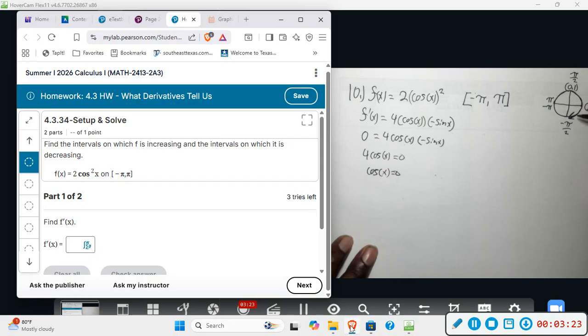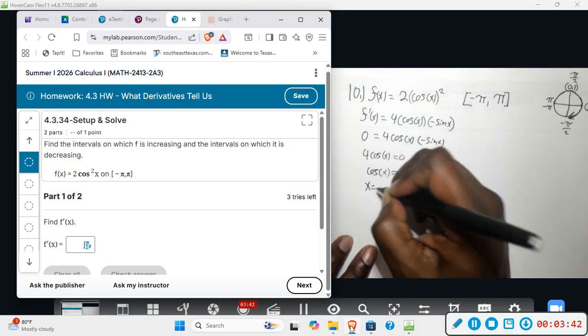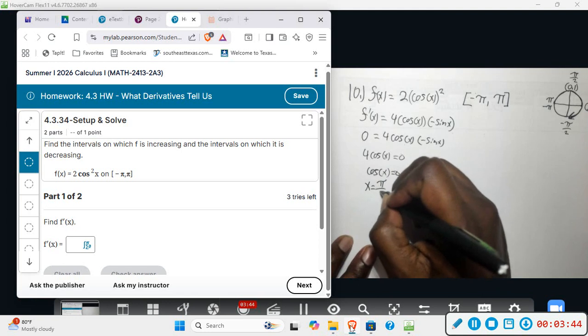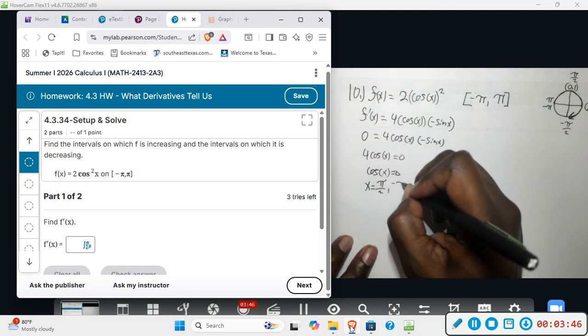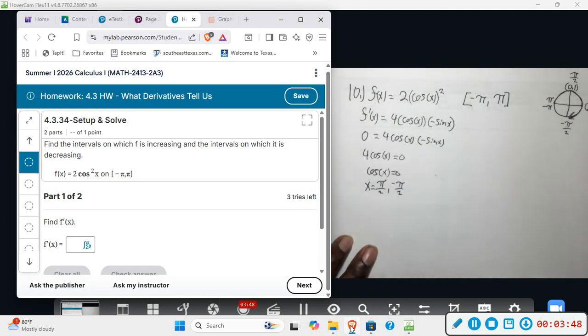If you went around the full circle, this would be 3 pi over 2. But since we want the negative pi, we got pi over 2 and negative pi over 2. So for here, we get x equals pi over 2 and negative pi over 2, those two values.